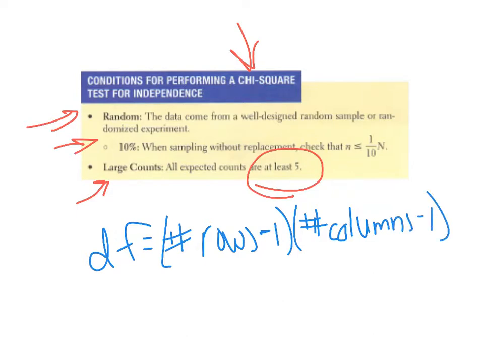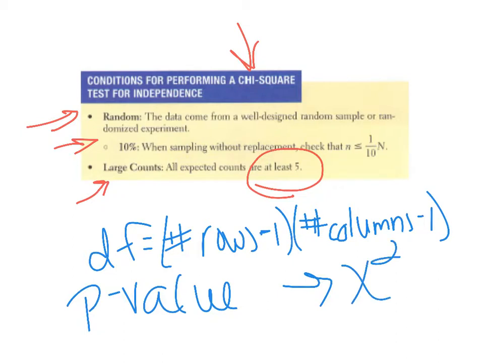And that's how we would get our degrees of freedom. And our p-value is going to be the area to the right of the chi-square statistic under our curve, right? Remember, our curve is kind of skewed, okay? And our p-value is going to be the probability to the right of that chi-square statistic that we find.